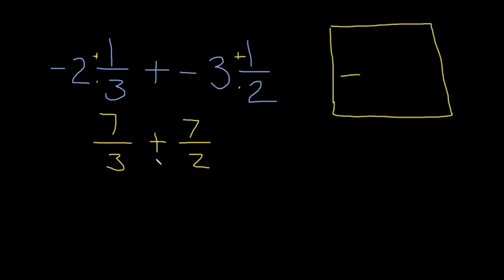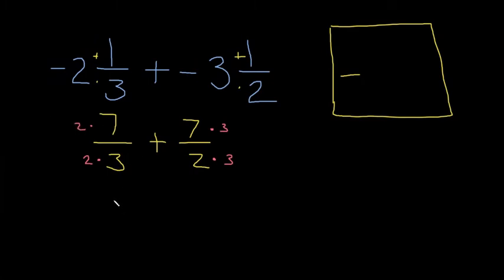Will the little number fit into the big number evenly? It will not. So in this case, we simply multiply them together. So this one will be multiplied by 2, and this one will be multiplied by 3. And again, what we do at the bottom, we do at the top. And then we make our new fractions.